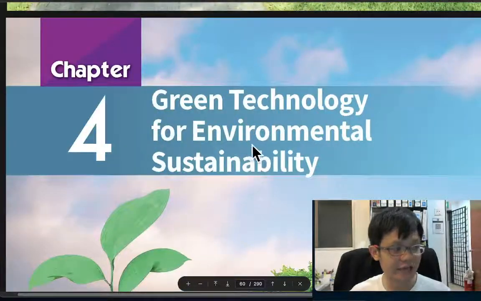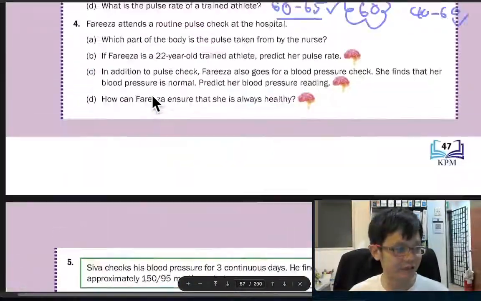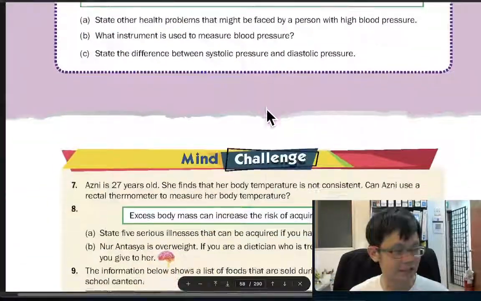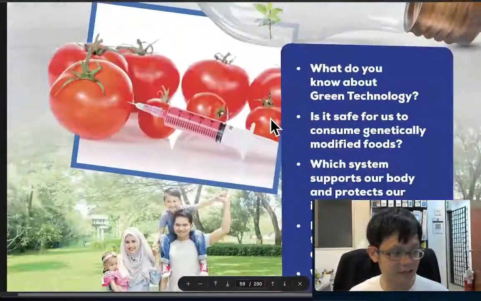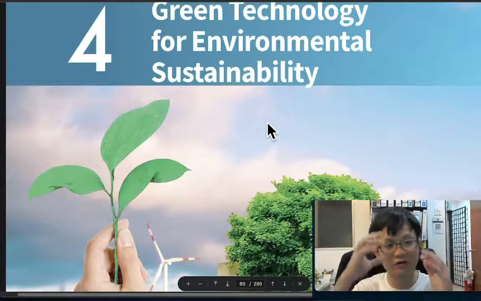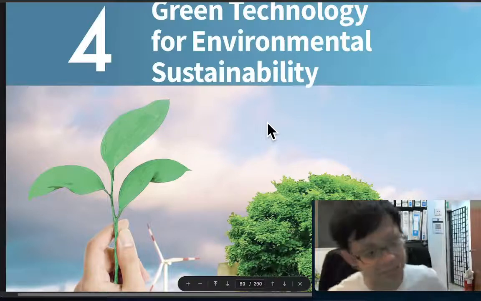Green technology, environment, sustainability. The reason I don't want to spend too much time on this is that maybe we can do it next time. I feel we should study faster and let it end first. When you study, don't stay too long in one chapter. If you don't understand, never mind, just go on to the next chapter.